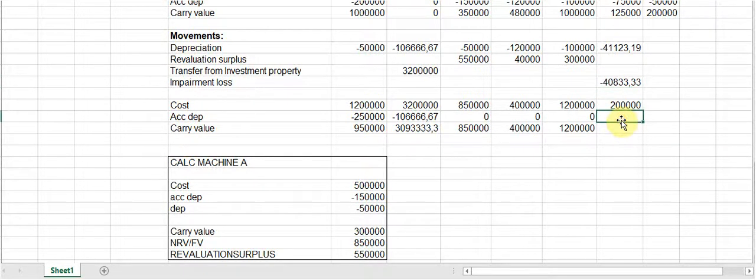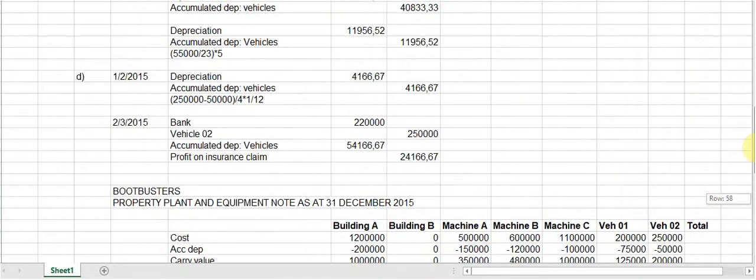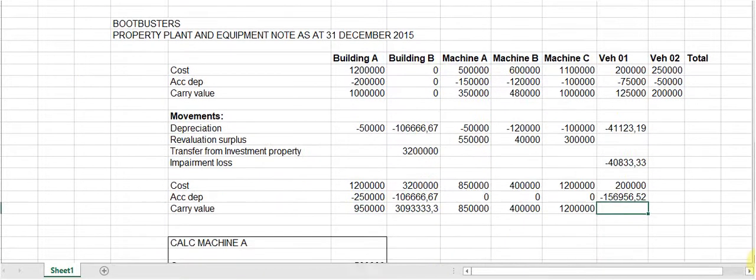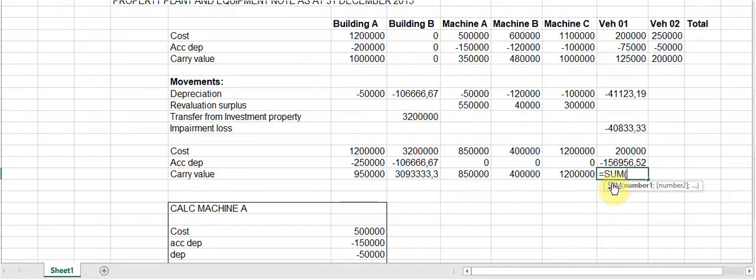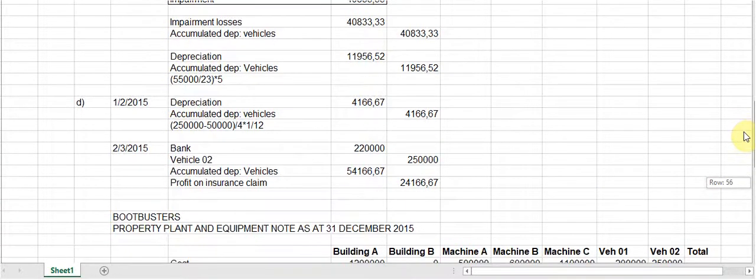The accumulated depreciation will be the accumulated depreciation at the beginning of the year, add the current depreciation, and add the impairment loss, because the double entry of the impairment loss is accumulated depreciation, as we've seen there. So this will leave us with a closing balance of 43,043, which is then the closing balance at the end of the year. I just want to round it to 2 decimals.